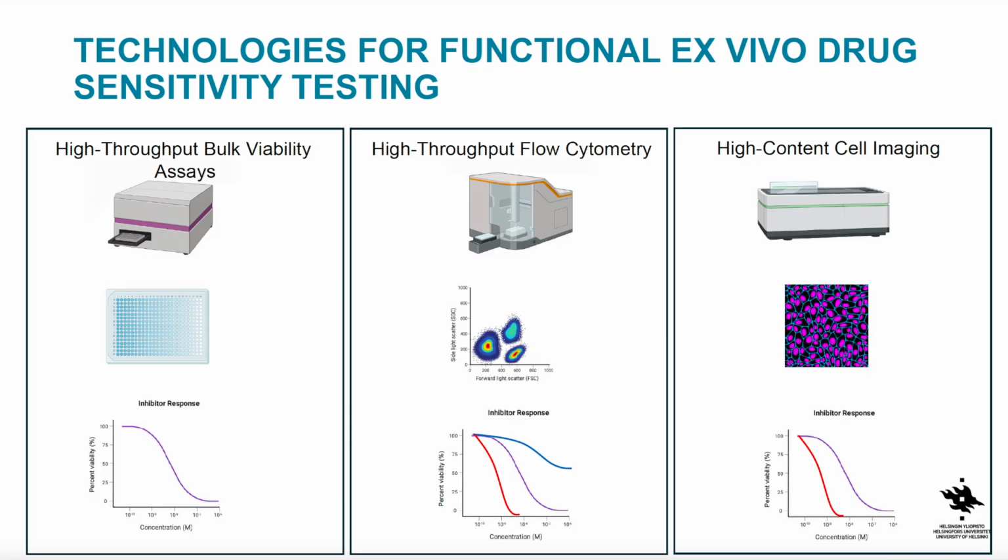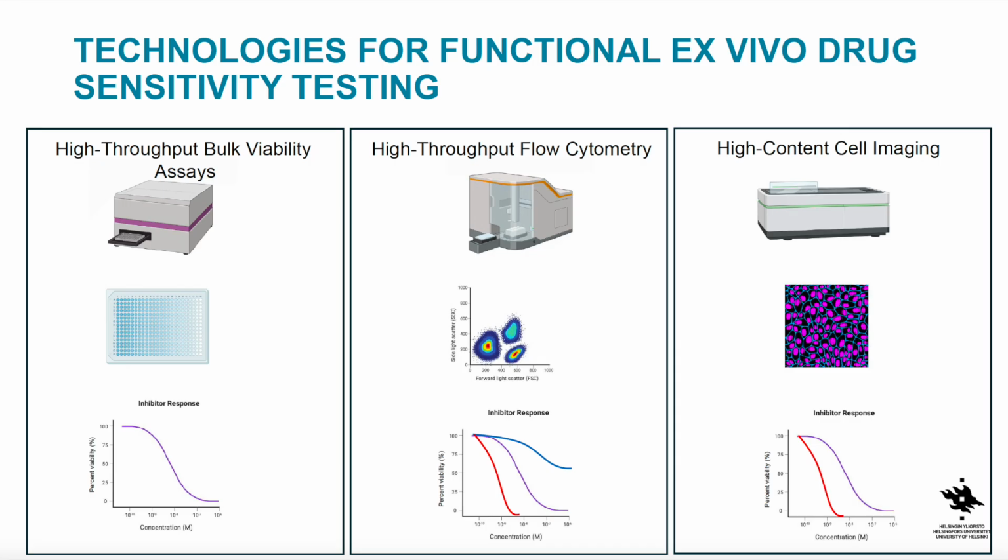And so you don't get a grasp of the heterogeneity of the patient samples or patient tumor, but at least you get a general efficacy. So if most of the cells in the well are tumor cells, then the readout should basically give you an indication of how that drug is affecting the tumor cells.